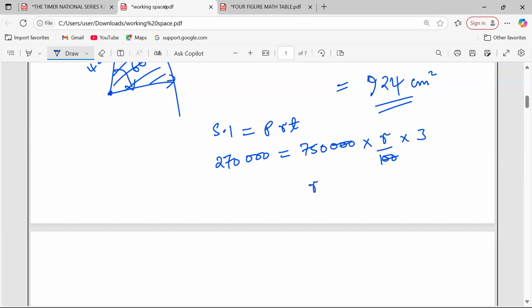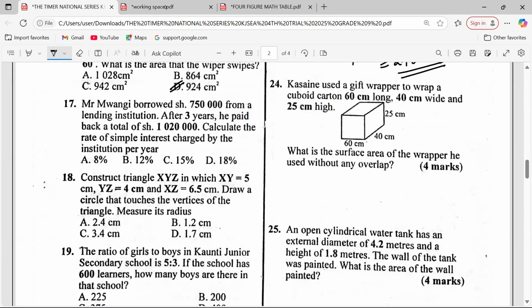So now we can get R by taking 270,000 and dividing by 750,000 times 3. This is going to be 12%. So now the right option here is only B. That is the right option.